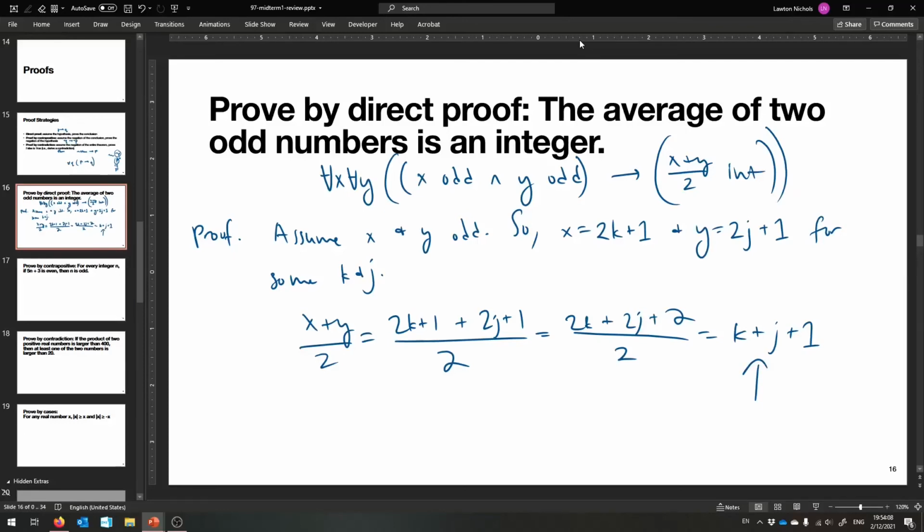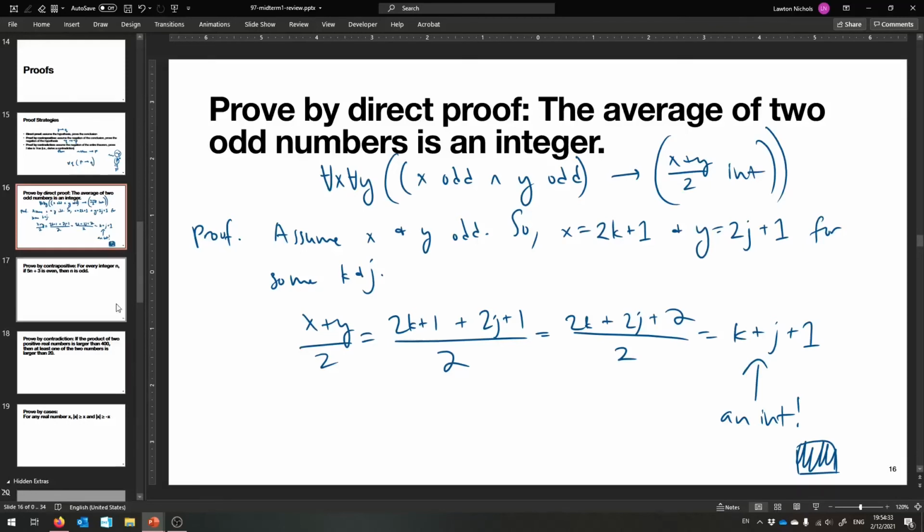It's the sum of integers. You can spell this out a bit more in a formal proof, of course, but you'll just say that k plus j plus 1 is equal to x plus y over 2, and k is an integer, and j is an integer, and 1 is an integer, and the sum of integers are still integers, of course. And that's what we wanted. QED. Hopefully that wasn't too bad.